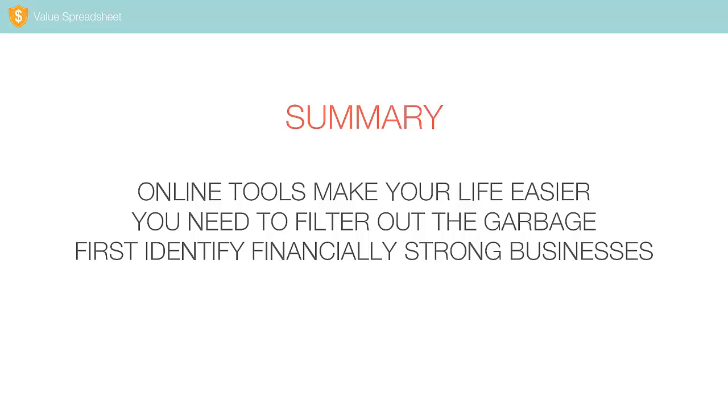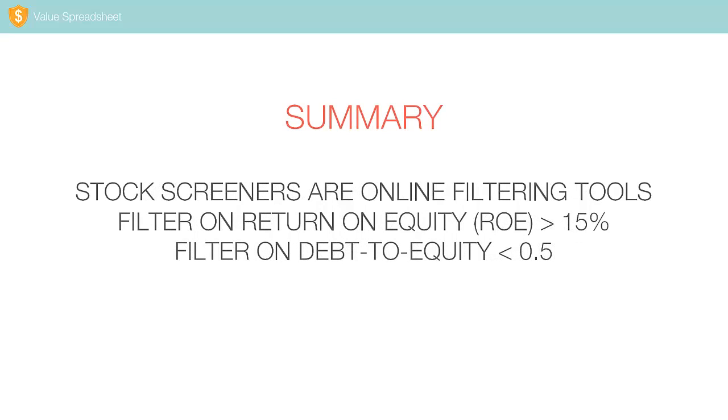The goal of the initial filtering process is to identify financially strong businesses with above average profitability and low debt levels, who have enough cash to pay their short-term obligations. A stock screener is an online filtering tool which allows you to input some criteria and then shows you which stocks meet these criteria. Filter on return on equity higher than 15% to return companies with above average profitability.